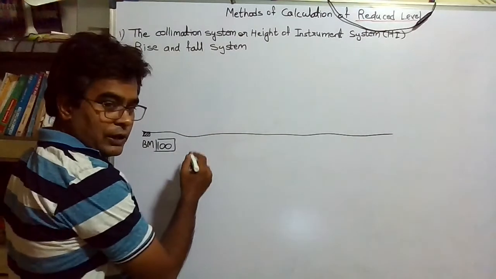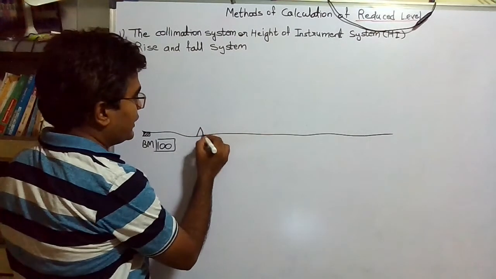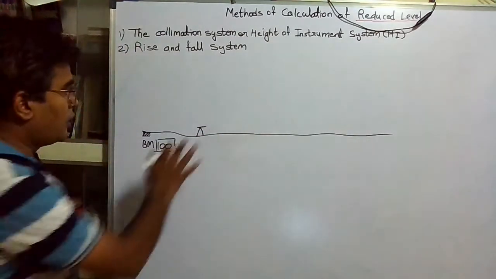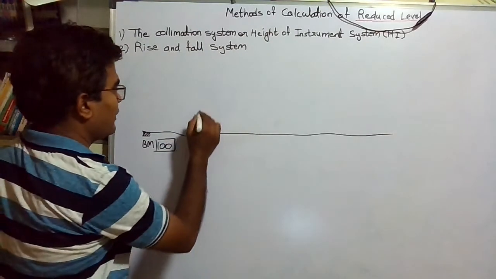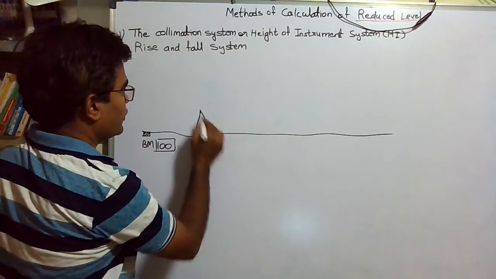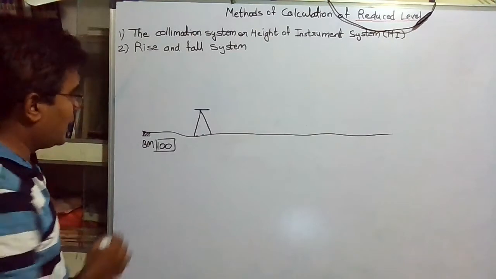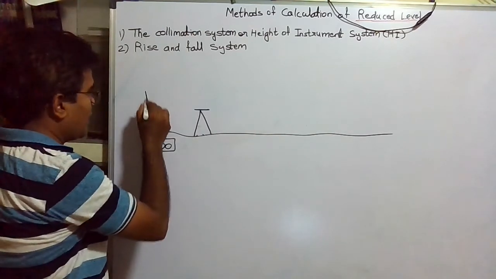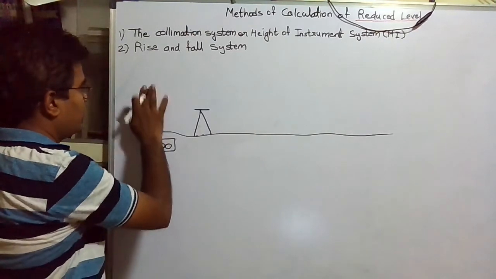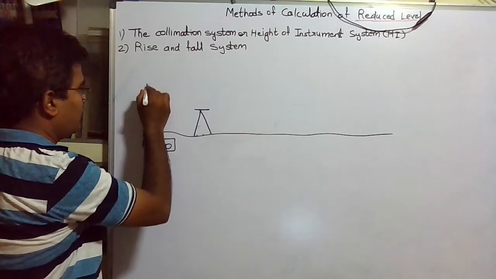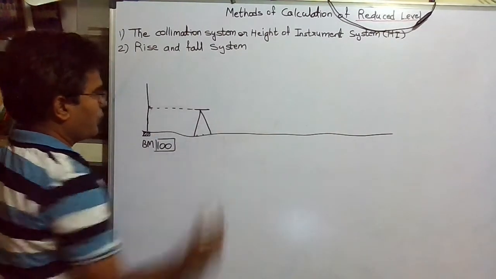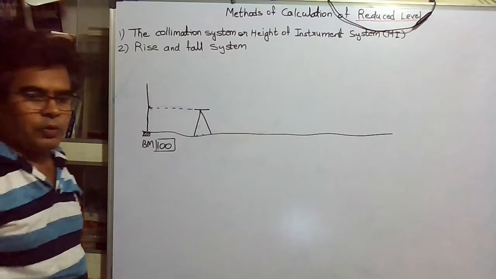For leveling work, we will set our level at some point on the ground like this, and we will take the first reading at the benchmark. So what is the first step?